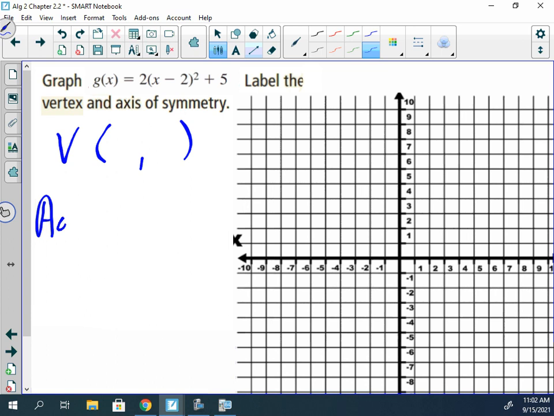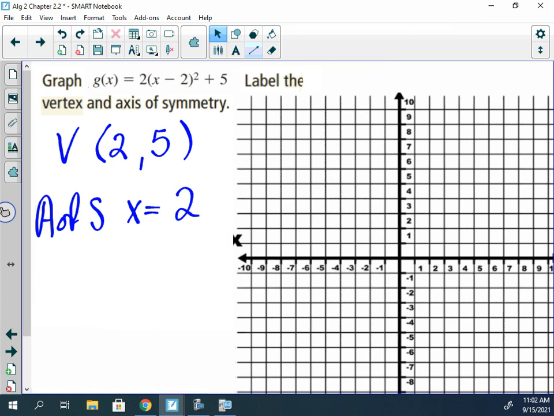Vertex, axis of symmetry. What would the vertex for this be? Since it's -2 inside the parentheses, it's going to come out as +2. And then we just take the 5. Our axis of symmetry would be x equals that. That's all we have to do for this here. Any other questions on this here?